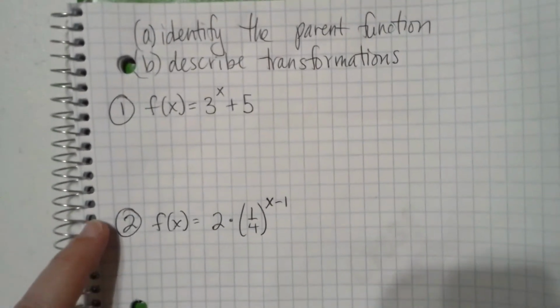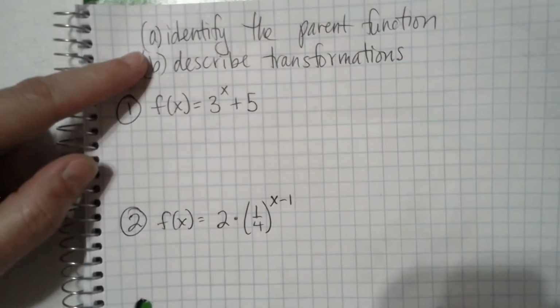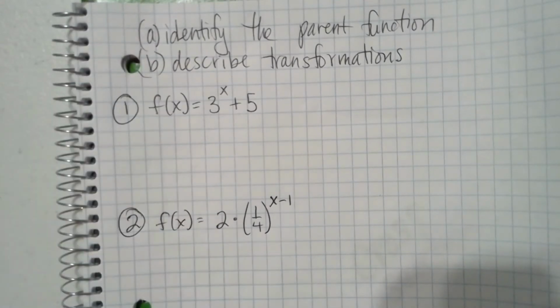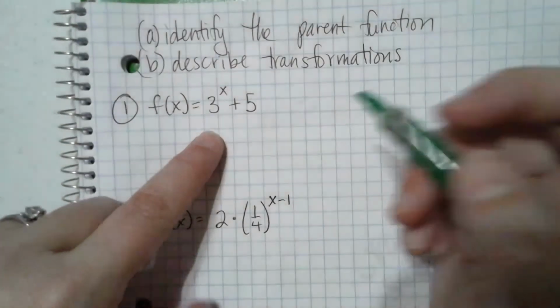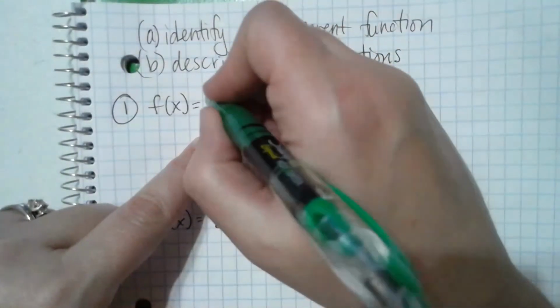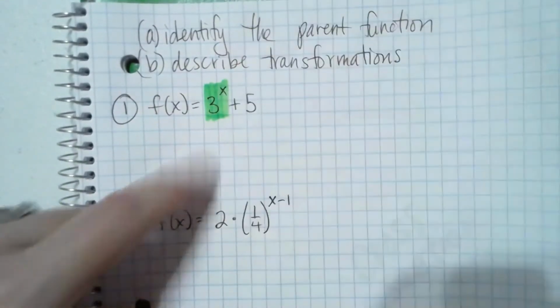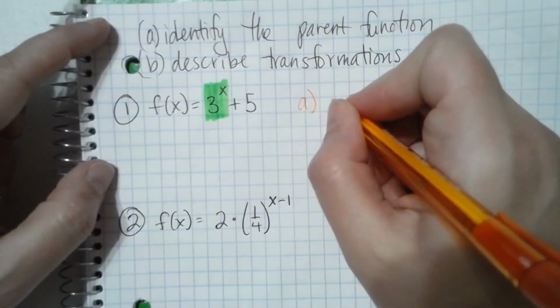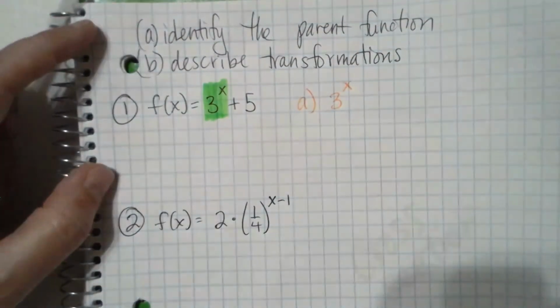All right, so we're going to do two things. Part A, we're going to identify the parent function, and then B, we're going to describe the transformations to it. Okay. All right, so the first one is f of x equals 3 to the x power plus 5. So this right here is our parent function. That's going to be our answer for A, 3 to the x power. That's the parent function.